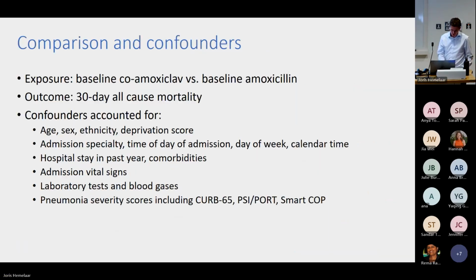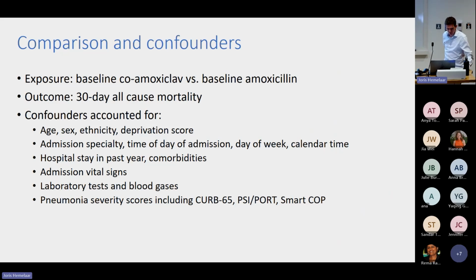So when we do this, we use baseline co-amoxiclav versus amoxicillin as the exposure of interest. We exclude the people who receive both. We look at 30-day all-cause mortality and then adjust for a number of things which I've listed on the slide that you might expect. The benefit of using this detailed electronic healthcare record data is that we can adjust for things that people aren't normally able to adjust for because they don't have that richness of data.